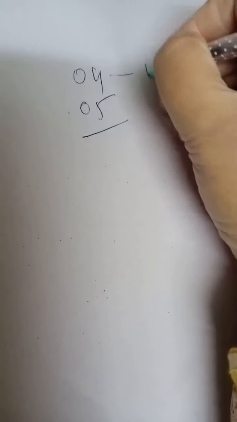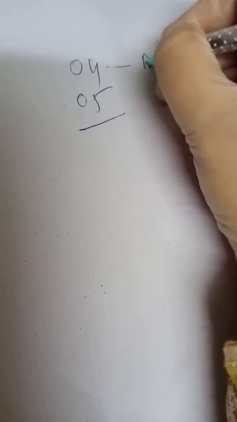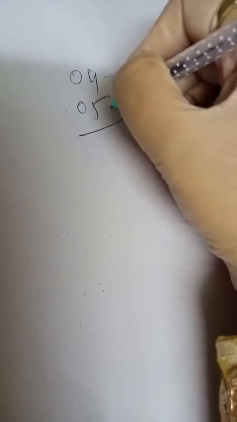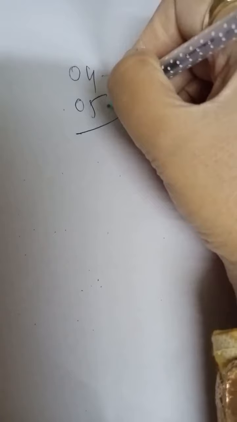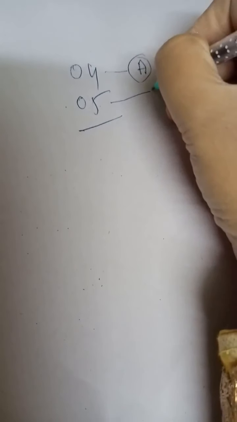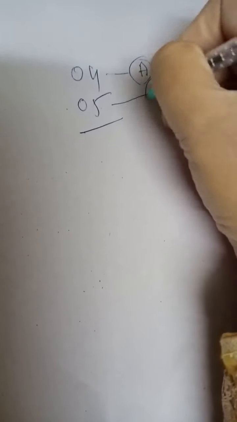04 and 05, these are numbers. What is the main procedure here? The 04 is the first number coming from memory, which will be moved to A, and again we will increment, and the second number is in memory. We will compare both numbers.